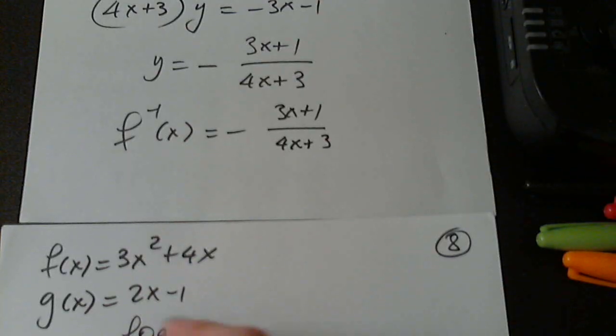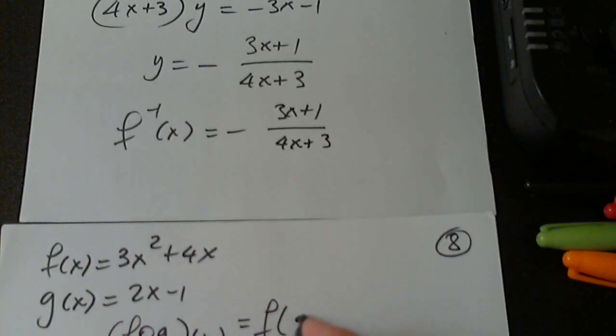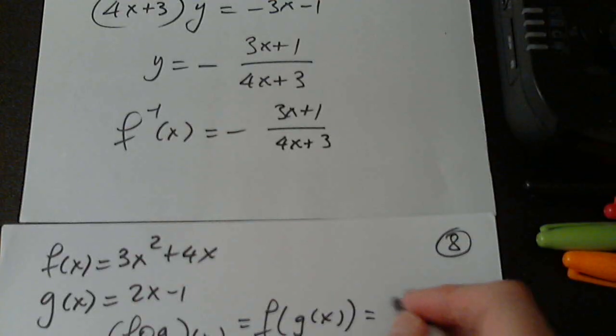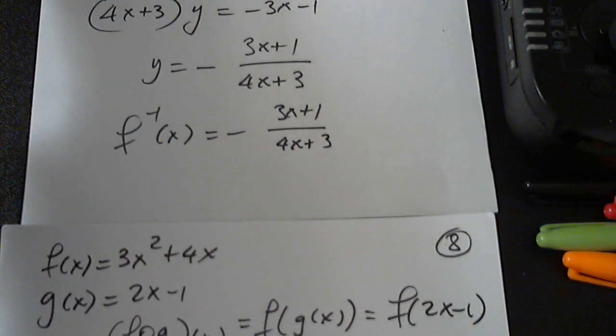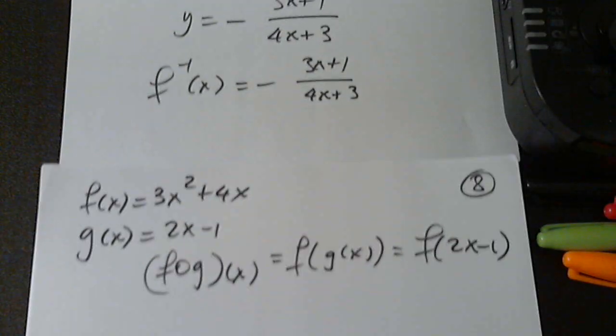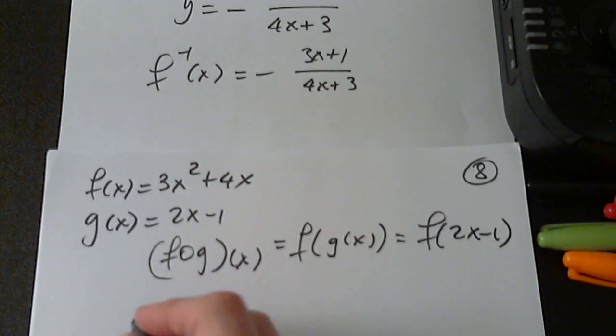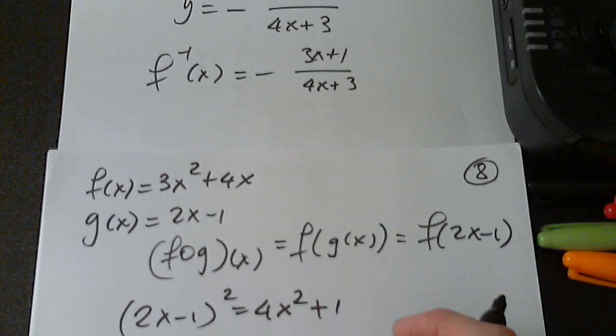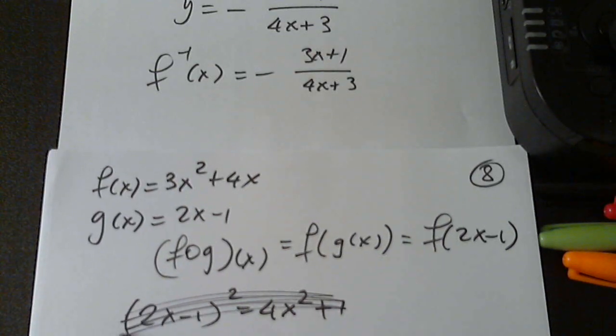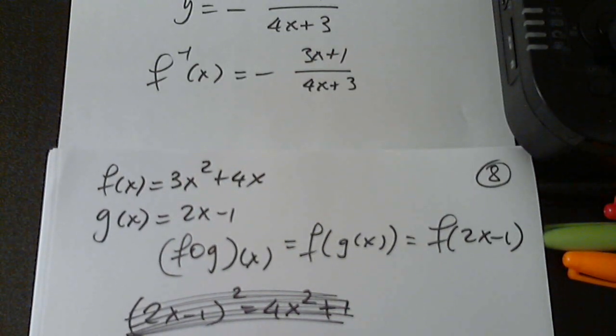So for finding f cum g of x, which is f of g of x, which is f of 2x minus 1, some of my students, I will not mention any names, do this. 2x minus 1 squared equals 4x squared minus 1 or plus 1, whatever. Is this correct? No. This is not correct, because 2x minus 1 squared has 3 terms.